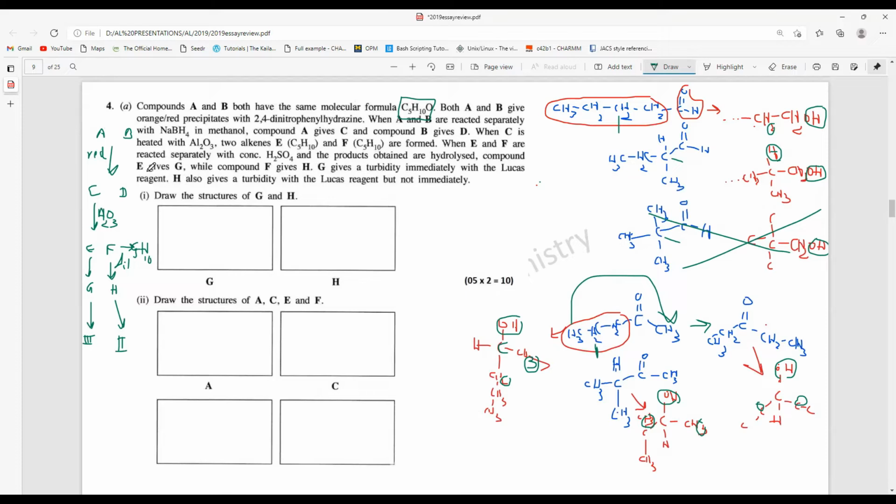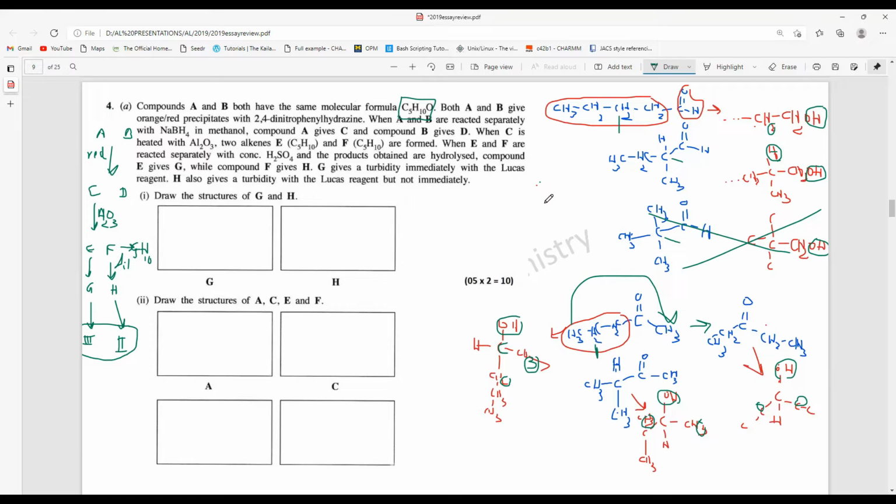And in the next step, again, you're going to add a water molecule. Okay, hydration. So when you do the hydration again, G and H are formed, which are now alcohols. So when you hydrate, it should form a tertiary alcohol and a secondary alcohol.